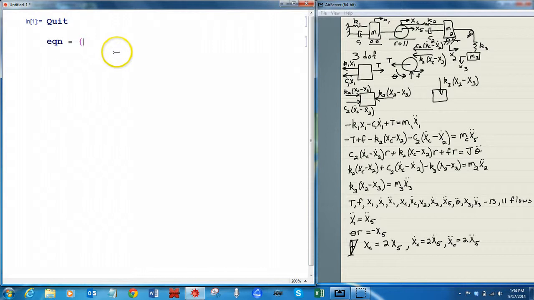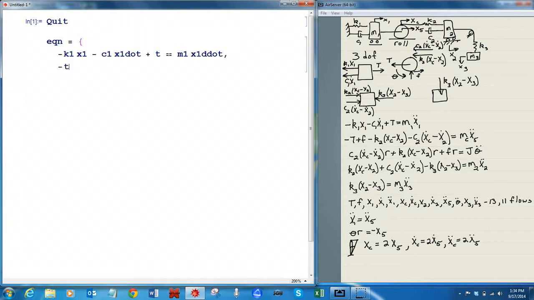So here we go. I'm going to type in the equations. The first equation is minus k1 x1 minus c1 x1 dot plus t, 2 equal signs m1 x1 double dot. That's the first equation.